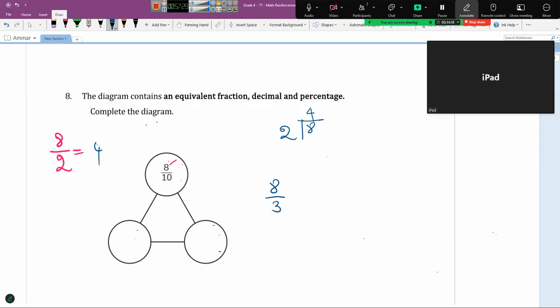What's the answer for this? 8 divided by 3. What's the answer? 8 divided by 3.